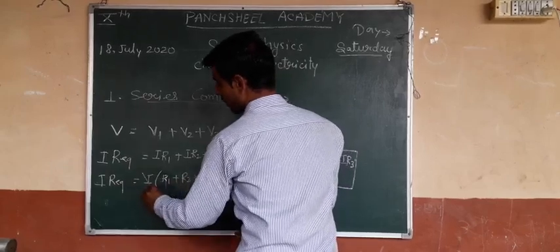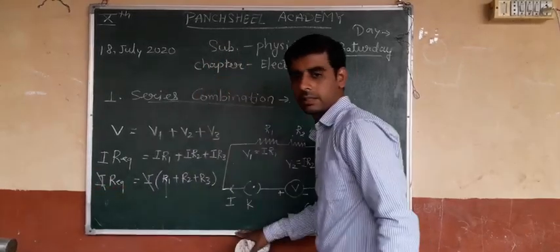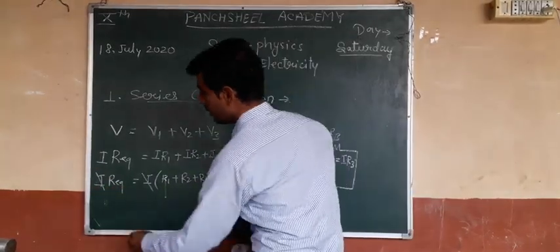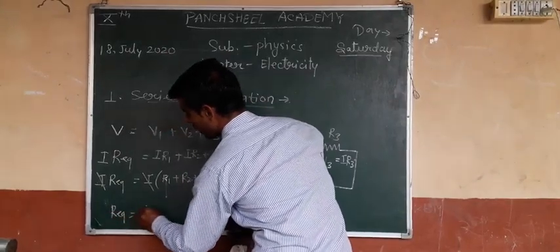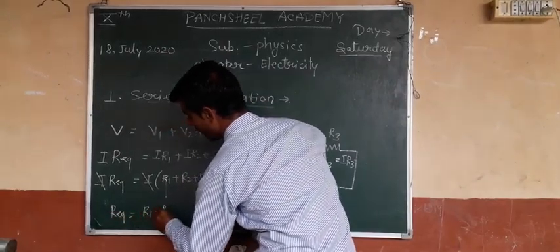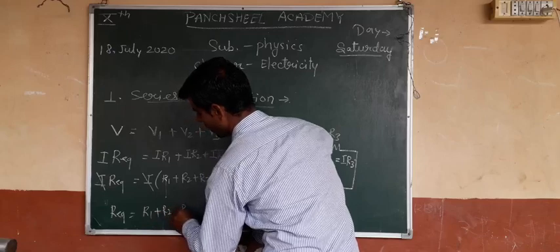I cancels, and R equivalent equals R1 plus R2 plus R3.